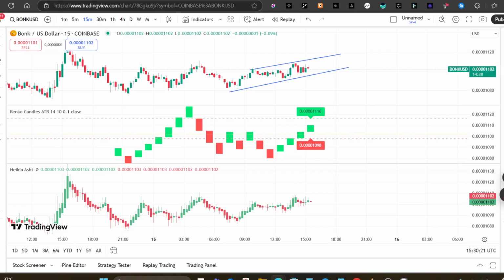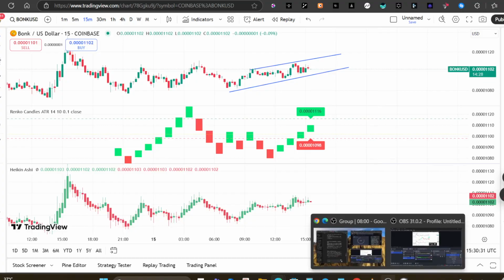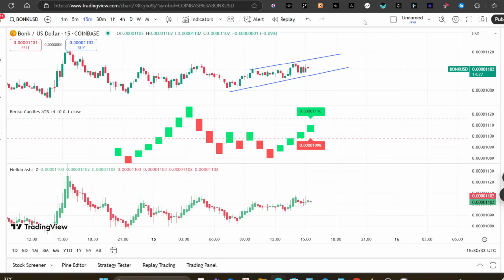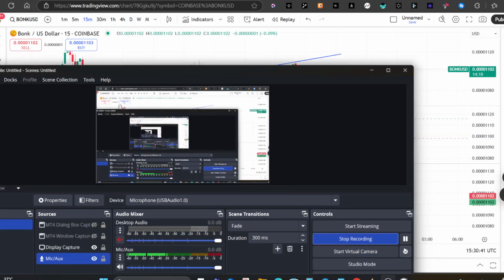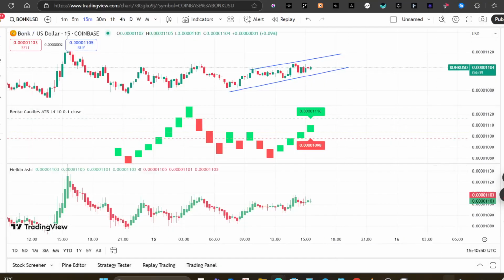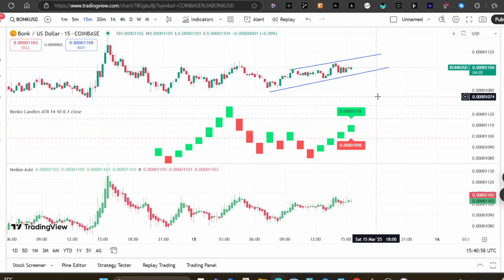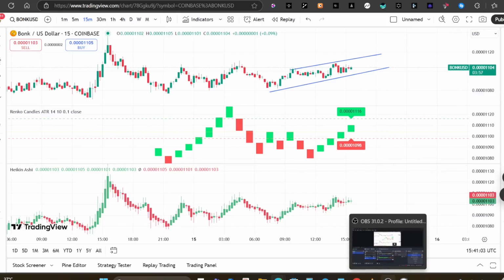Now, let us talk about some best practices to get the most out of this trading system. So, if you want to use this Renko Ashi system effectively, it is important that you pay attention to your time frames.